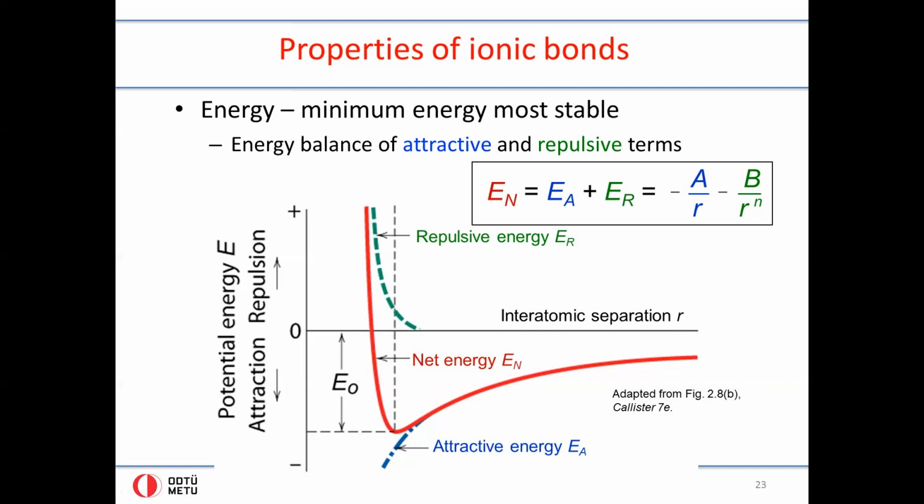roughly. And if you go to a smaller value of R, if you push the ions closer together, because the repulsion energy grows with a greater slope than the attraction energy, the net energy curve starts moving in the other direction, dominated by the repulsive energy.